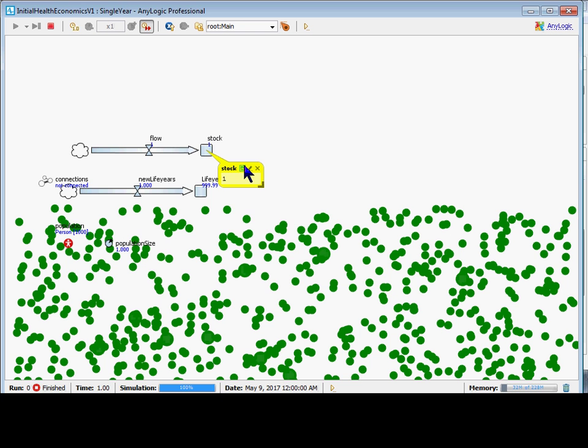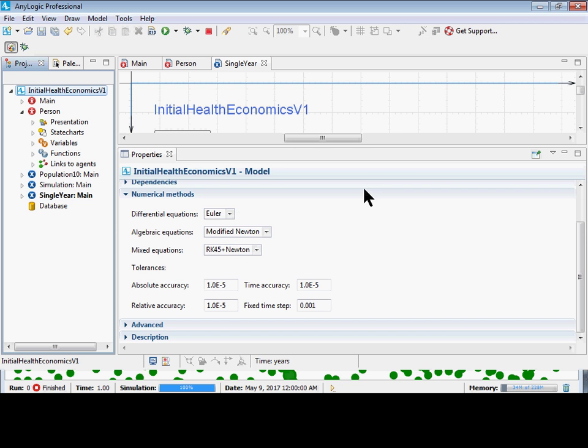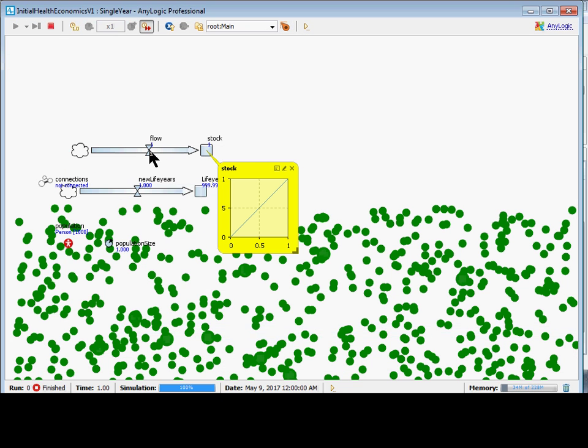For each time it's adding it in, it's adding it every 0.001 years. It's adding in 1 times 0.001. And so it's accumulating up over the course of the year this value of 1. It's almost like you had a faucet where it was coming in at 1 liter per minute, and you ran it for a minute, and so you get 1 liter out accumulated.